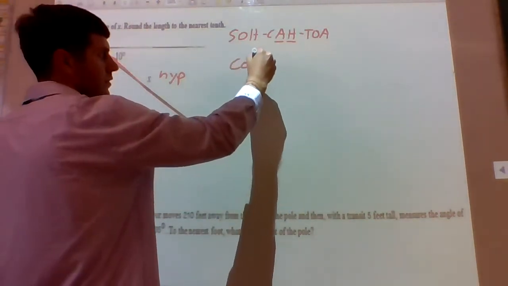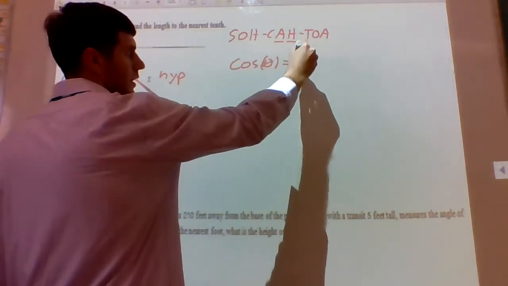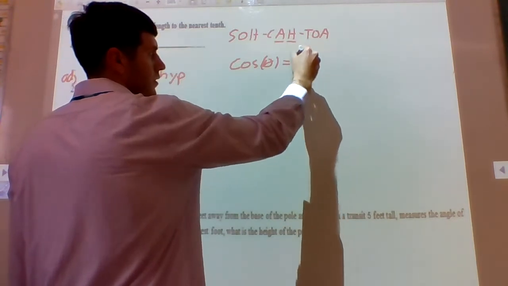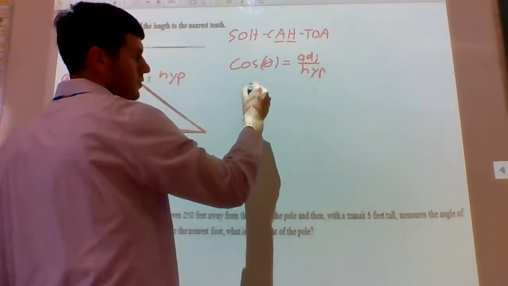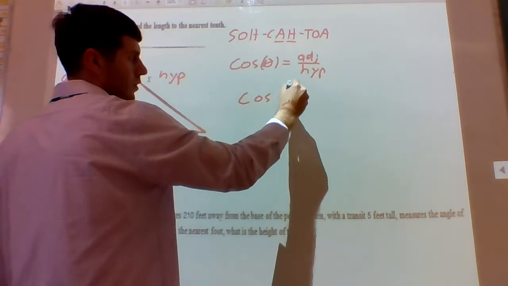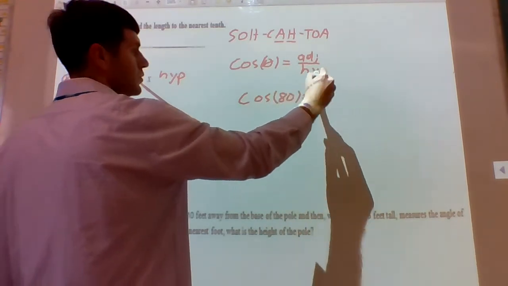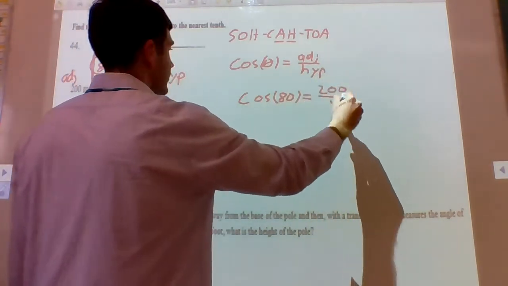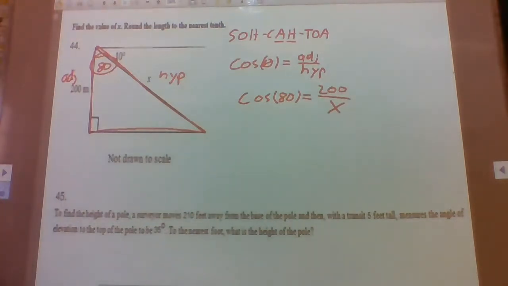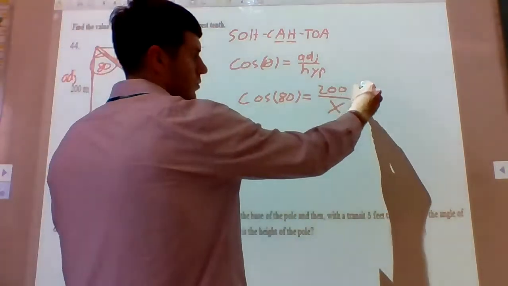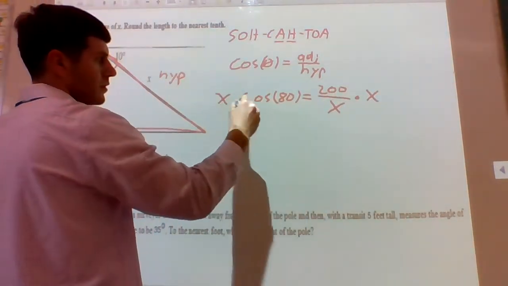So the cosine of theta equals adjacent over hypotenuse. Our angle is 80 degrees, so cosine of 80 equals 200 over x. Adjacent is 200, hypotenuse is x. We have to solve for x, so we get it out of the denominator first by multiplying both sides by x.